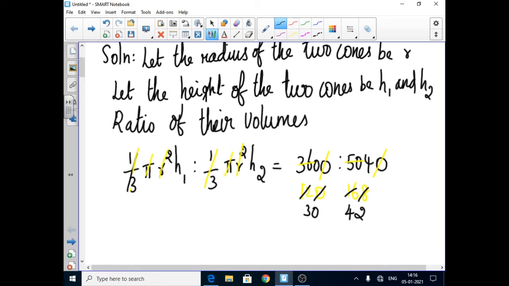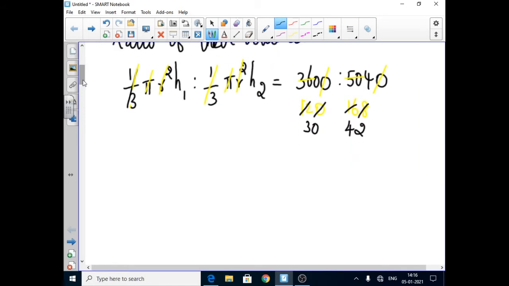Okay, then 10 3s are 30, 1 3 is 3, 4 3s are 12. Okay, again 5 2s are 10, 7 2s are 14. So 5:7. Okay. So the remaining what we have here, h1 is to h2 is equal to 5:7.